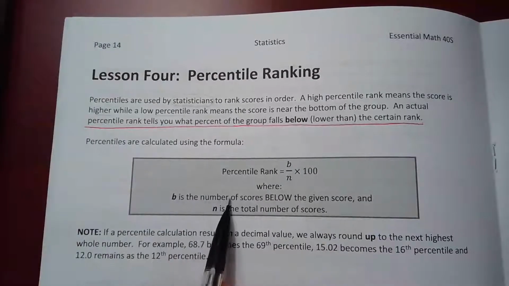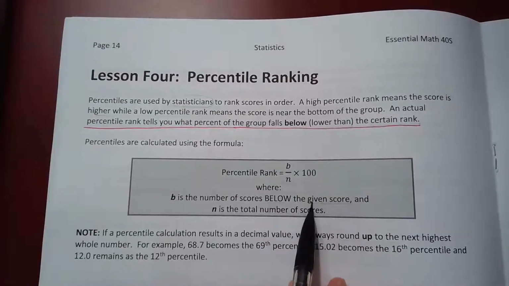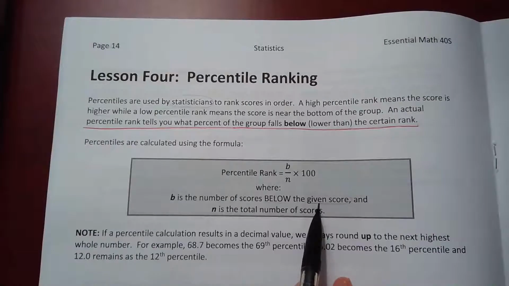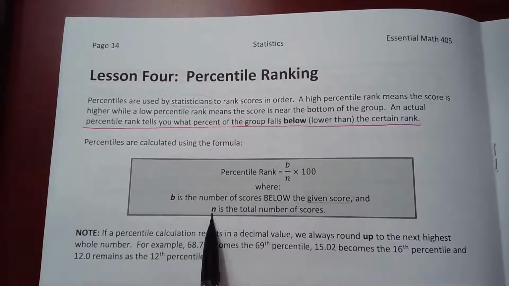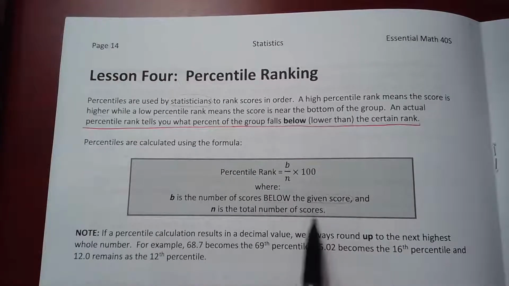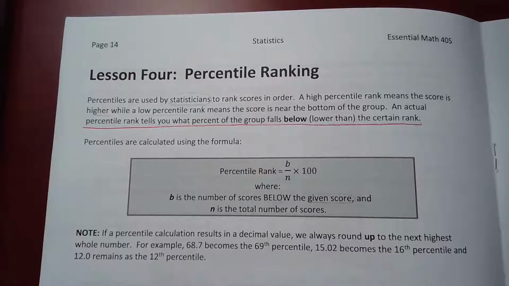B is the number of scores below the given score. So we have to be given the score that we are going to be comparing among the rest, and then how many are below that given score. And N is the total number of scores. The word scores is the same thing as the word data. So how many data there are.